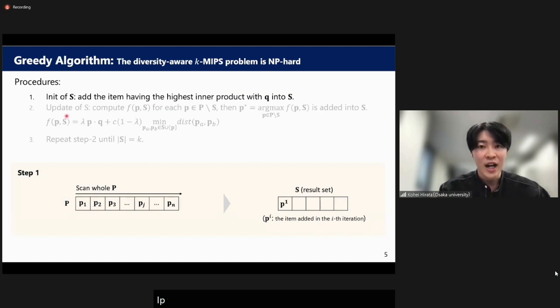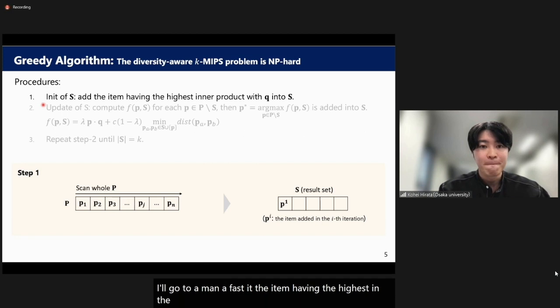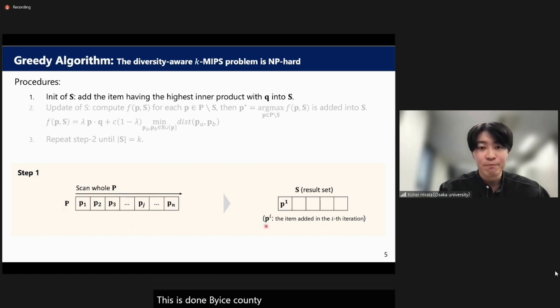This problem is NP-hard, so we use a greedy algorithm. First, it adds the item having the highest inner product into S. This is done by scanning all items.